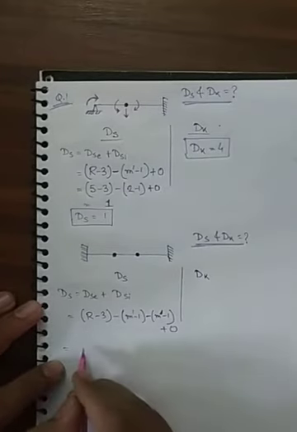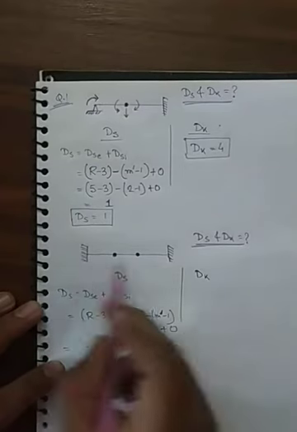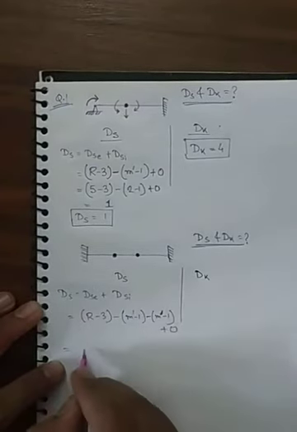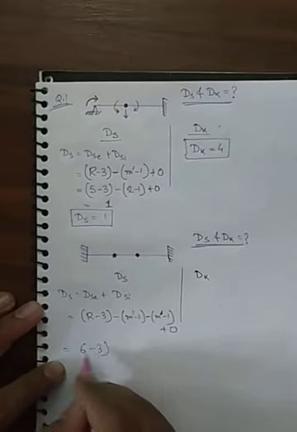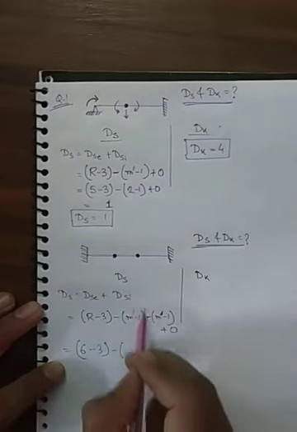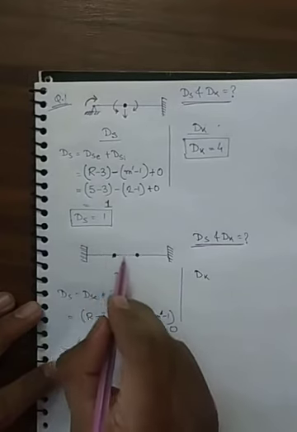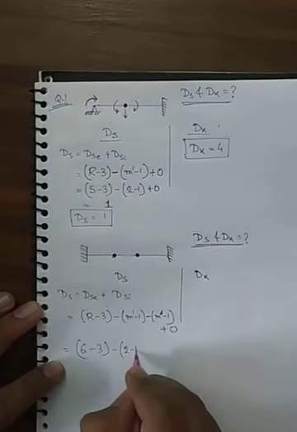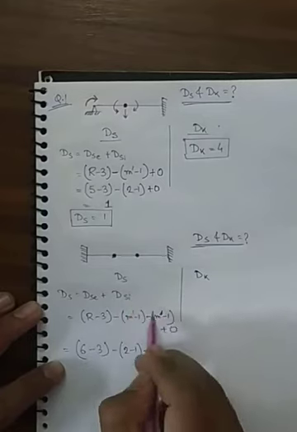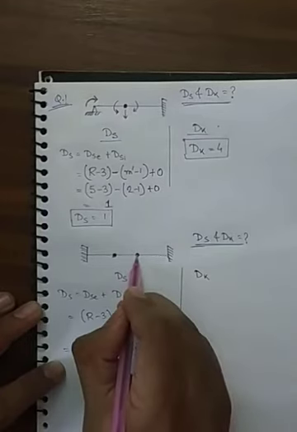So what is your r value? Here 1, 2, 3, and here 1, 2, 3, so that means 6 minus 3 minus, this is for this internal hinge, so m dash value is 1 and 2, so 2 minus 1 minus, this value is for this internal hinge, okay.